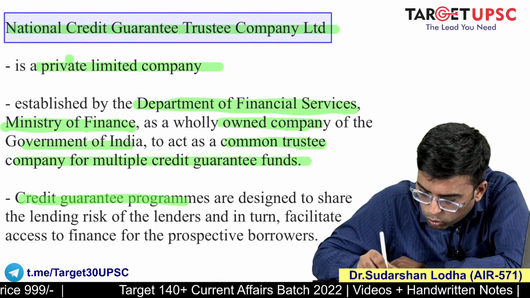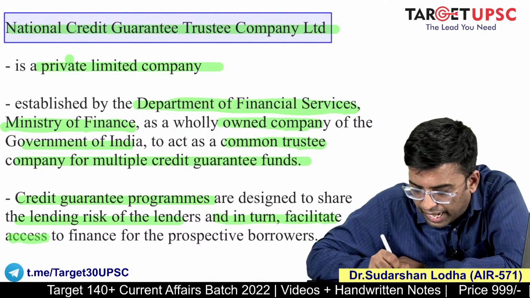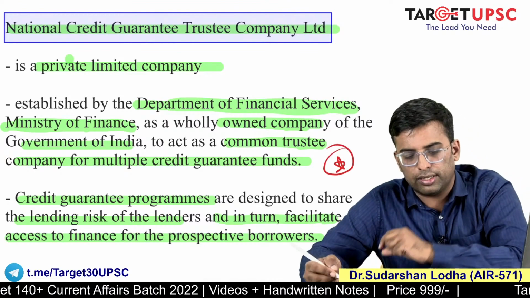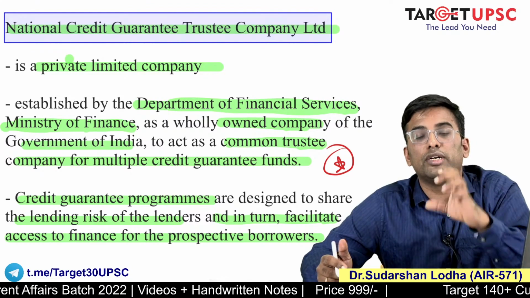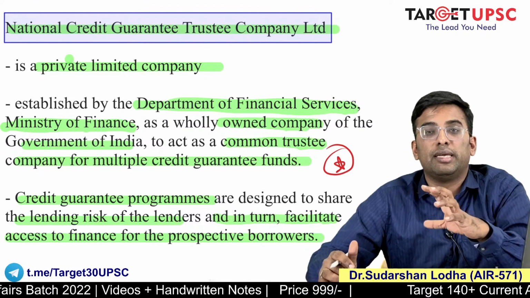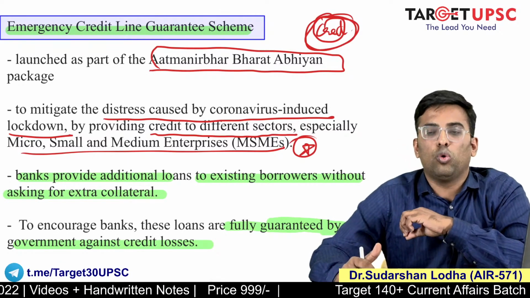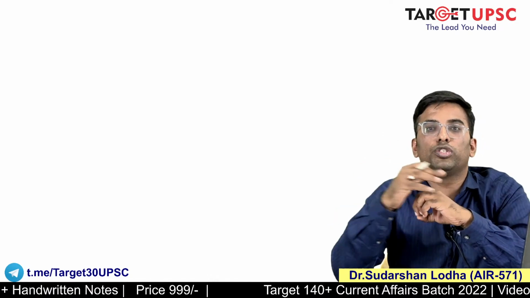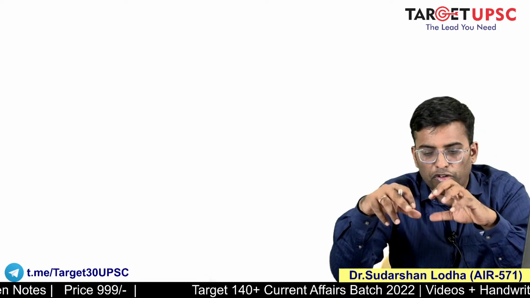And credit guarantee programs are designed to share the lending risk of the lender and in turn facilitate access to finance for prospective borrowers. तो basically this National Credit Guarantee Trust Company Limited is an important company which looks into this guarantee aspect of this Emergency Credit Line Guarantee Scheme. So under this, what government is doing is it is giving guarantee for loans taken by MSME. Hopefully you have got an idea through this important program.